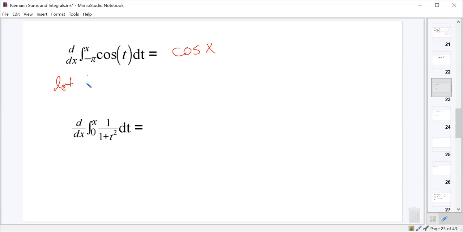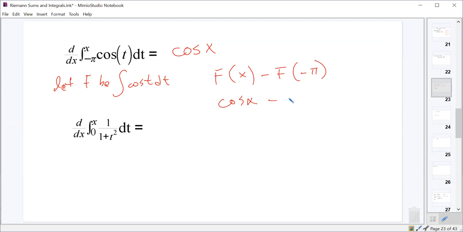If we just said let capital F be the integral of cosine t dt, then the integral part would be capital F of x minus capital F of negative pi. And when we took the derivative of this, we'd get the derivative of capital F, which is just cosine. And then we'd get the derivative of capital F of negative pi, which is just the derivative of a number, which is just 0. Derivative of a constant is just 0.